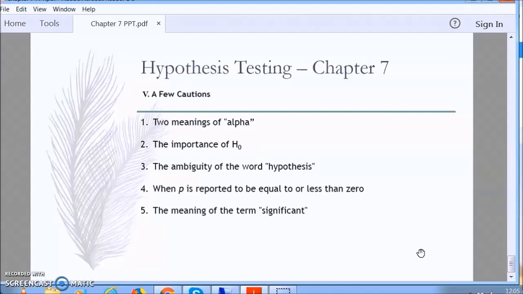The last caution is about the meaning of the term significant. In real life, significant means something like important, noteworthy, big. But the word significant is different in hypothesis testing. It does not necessarily mean that the results are important or that the absolute difference between the sample data and the null hypothesis is very large.